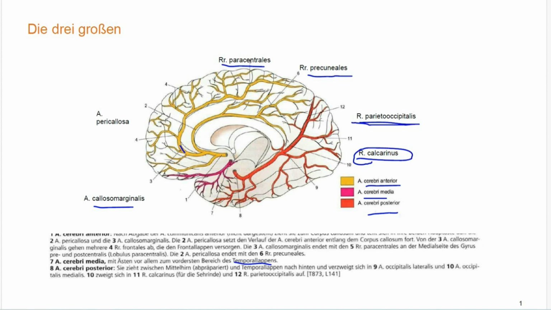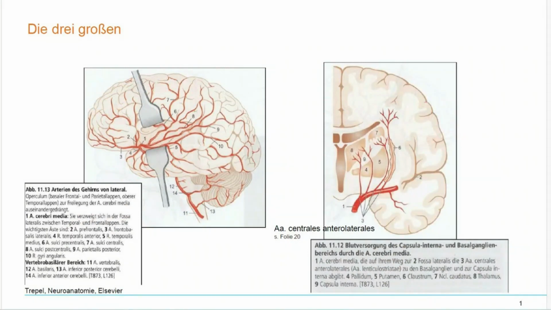So what's important here? More importantly, the paracentral artery is supplied by the anterior cerebral artery. The callosomarginal artery is also supplied by the anterior cerebral artery, and the calcarine artery is supplied by the posterior cerebral artery.